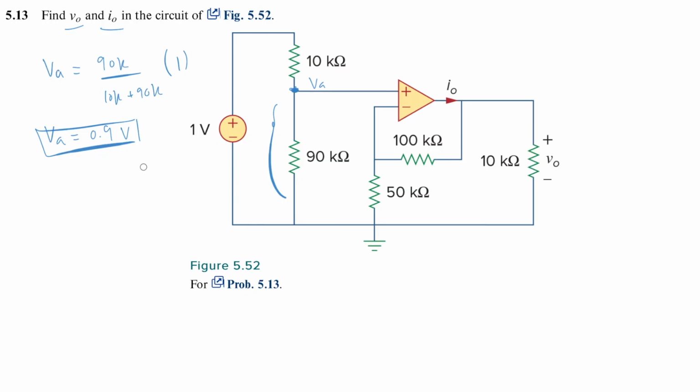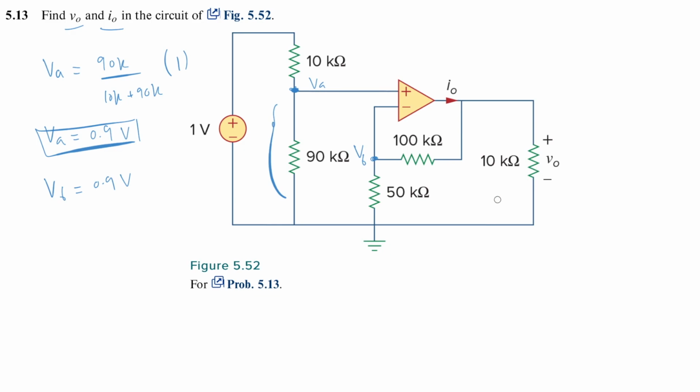From the characteristics of ideal op-amps, we know that VA here is equal to VB here. What will VB be? VB equals 0.9 volts.